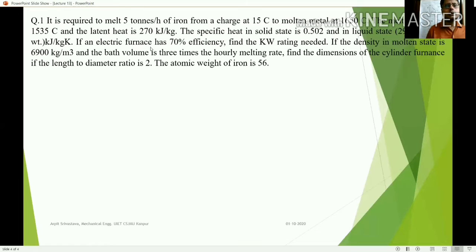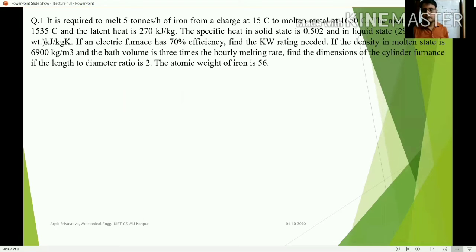If an electric furnace has 70% efficiency, find the kilowatt rating needed if the density in molten state is 6,900 kg per meter cube and the bath volume is 3 times the hourly melting rate. Find the dimensions of the cylinder furnace if the length to diameter ratio is 2 and the atomic weight of iron is 56. Okay, so these are the conditions given in this problem.